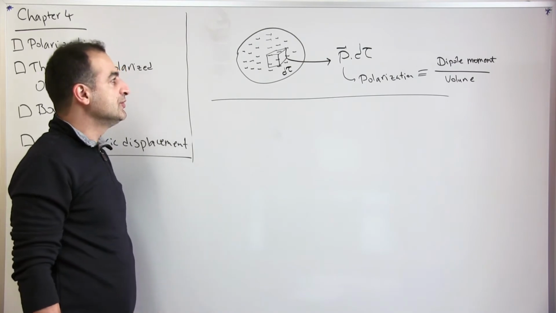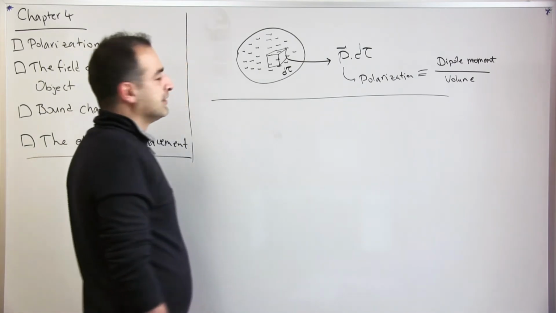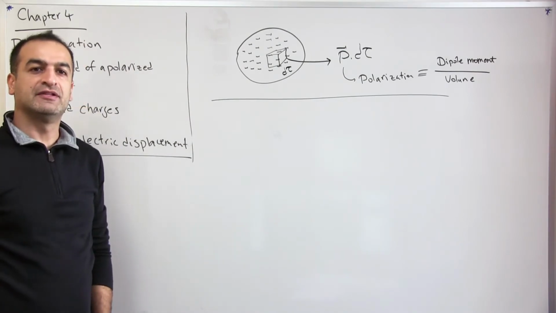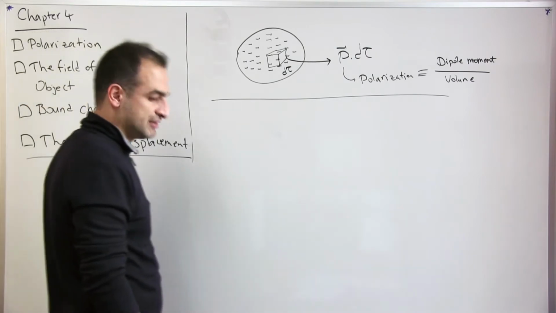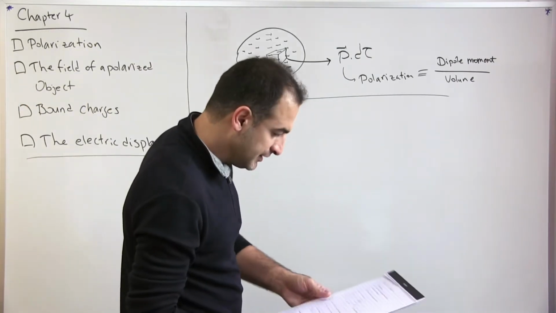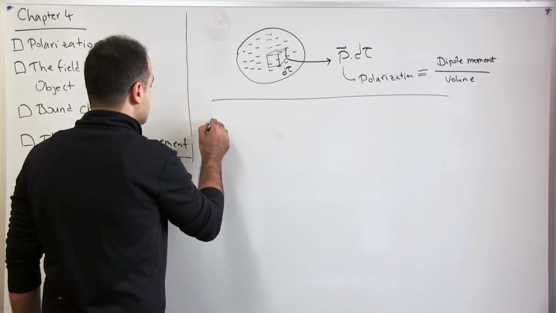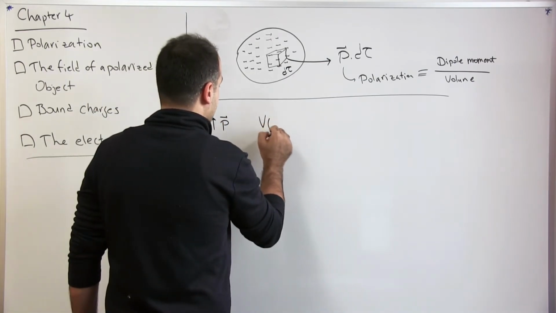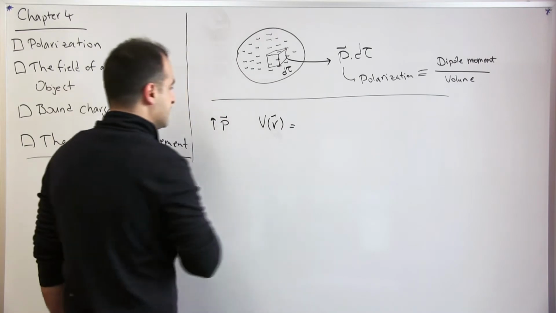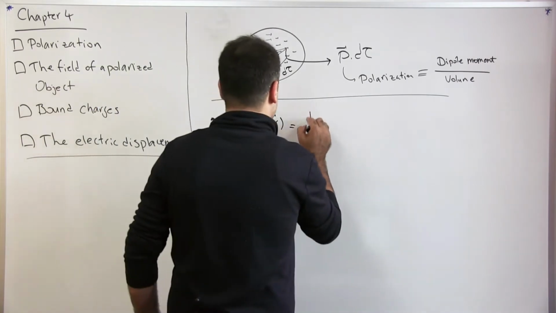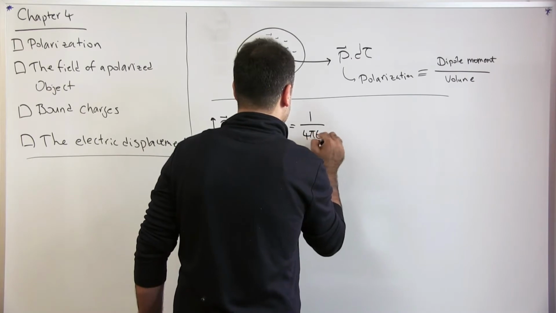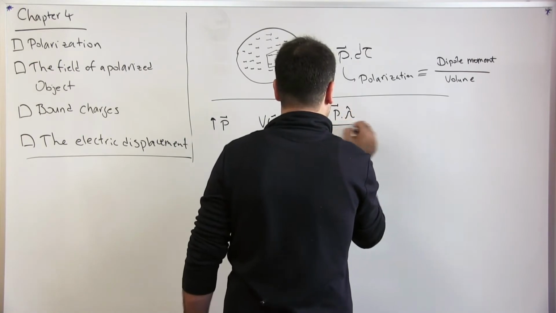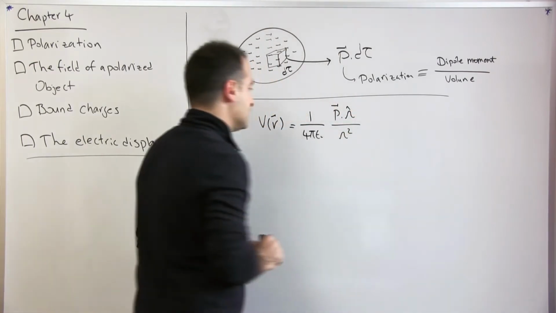To do that, we're going to go back to the dipoles and look at what kind of electric potential and electric field was created by a dipole. We looked at dipoles in chapter 3, and we know that if we have one single dipole with dipole moment P, the potential created by this dipole is 1 over 4 pi epsilon 0 times dipole moment dot distance vector, divided by distance to the power of 2.